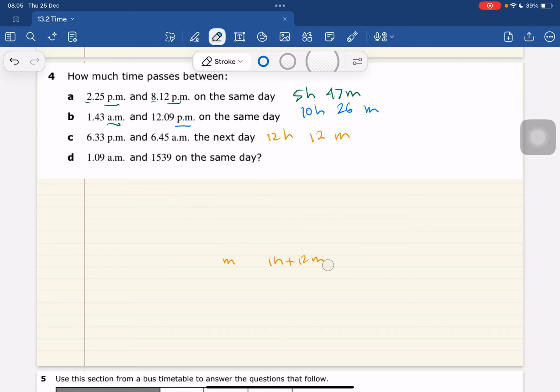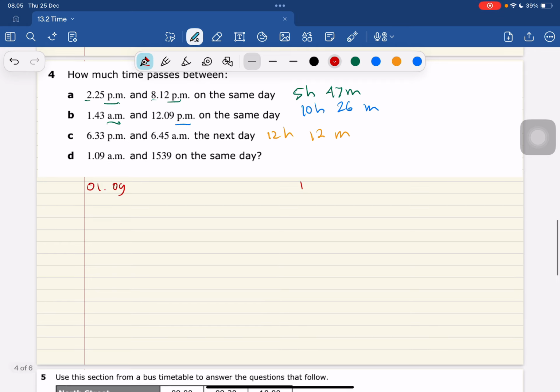The same day. Okay, from 1 a.m., so 01:09 to 15:39. Make it until o'clock only. So this 2, 2 is 15. And there it is. So 1:09 to 2 o'clock there are 51 minutes.